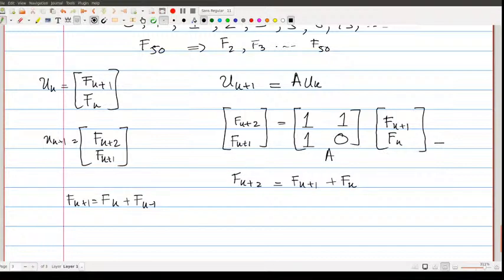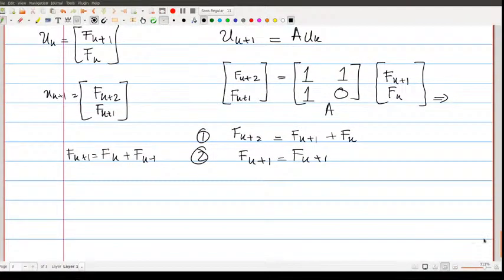The second row is just telling me that F_{k+1} equals F_{k+1}, which is fine. We're assuming that at this point we already know what the (k+1)th entry is. So the system has now turned into u_{k+1} = A u_k, right?